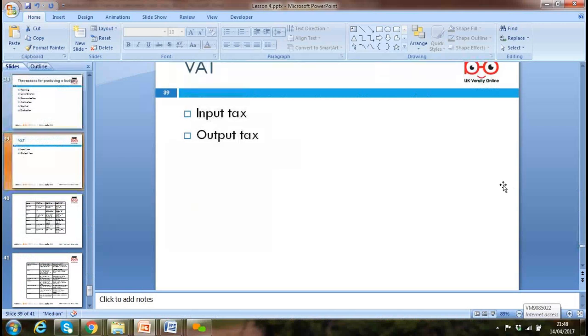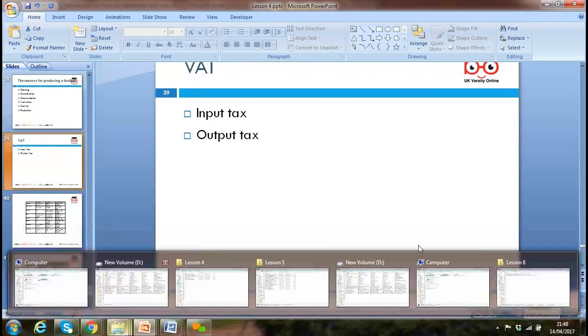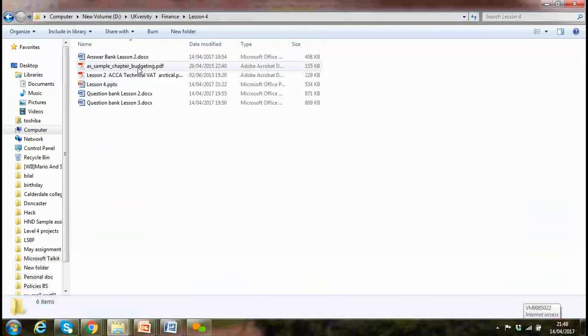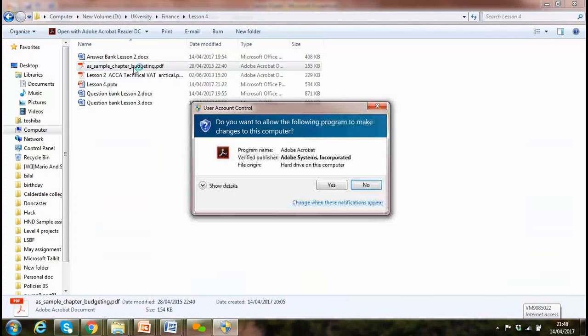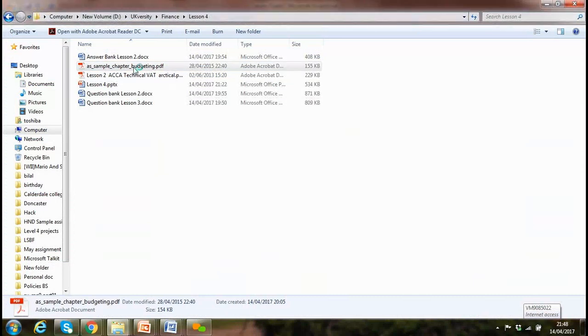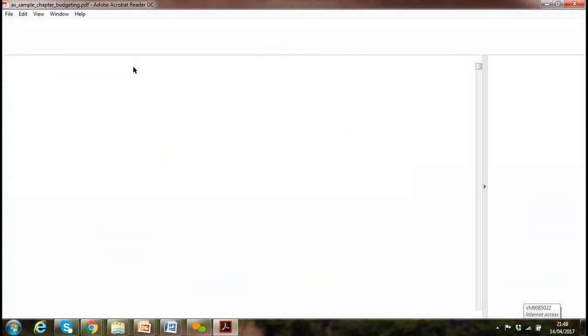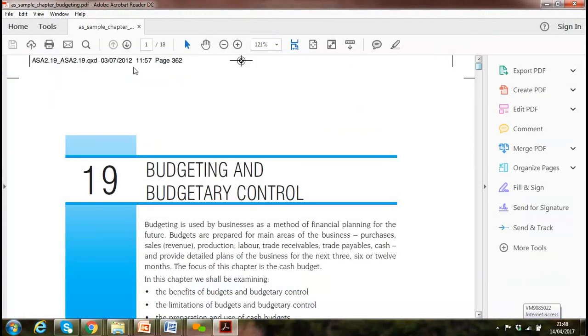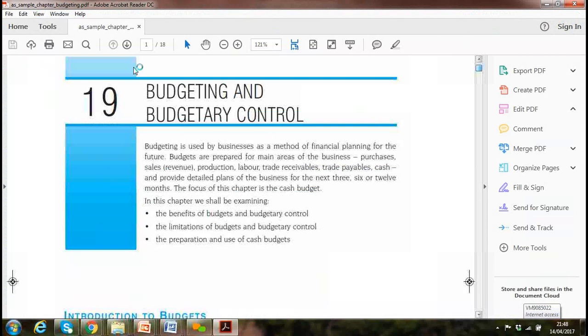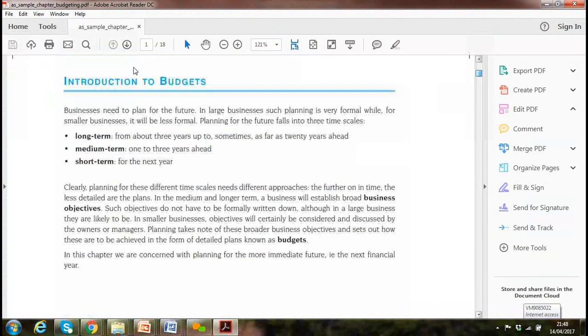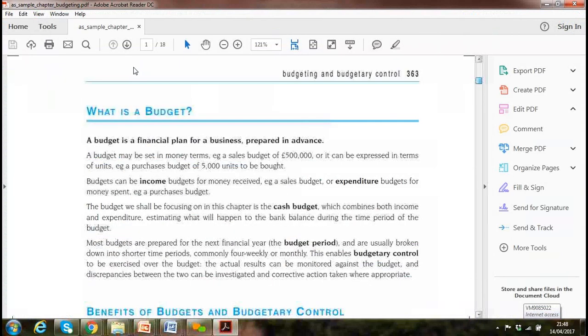No questions. Okay, next we're looking at the VAT. What is meant by VAT? Value added tax. Okay, before going next, I'll just show you the chapter of the book which is good to read. So please do your background reading about budget and budgetary control, because one of your learning outcomes is about budgetary control and revenue management.